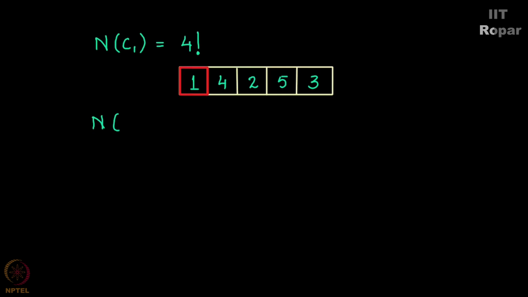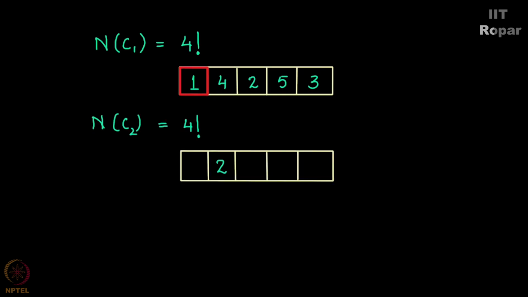Now, for N of C2, again it is 4 factorial. Why? Because now 2 is fixed. Other than 2, all the others 1, 3, 4 and 5 can be enumerated in all possible permutations, right? Now for N of C3 again it is 4 factorial.